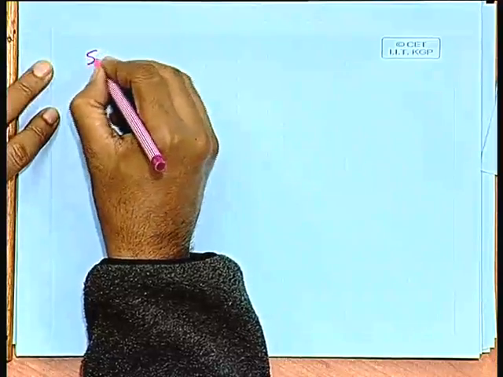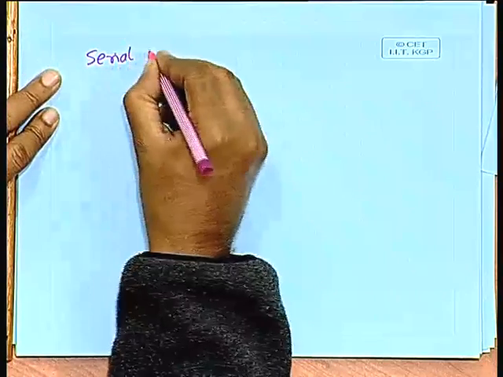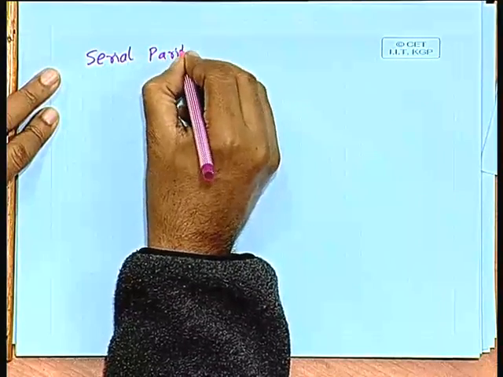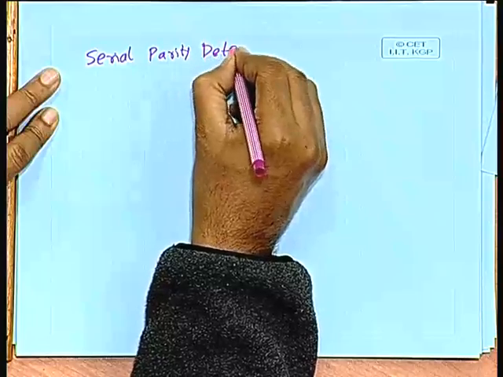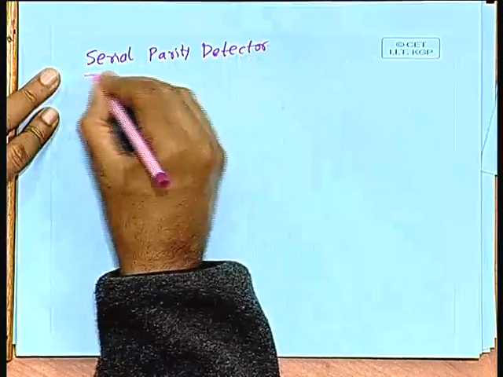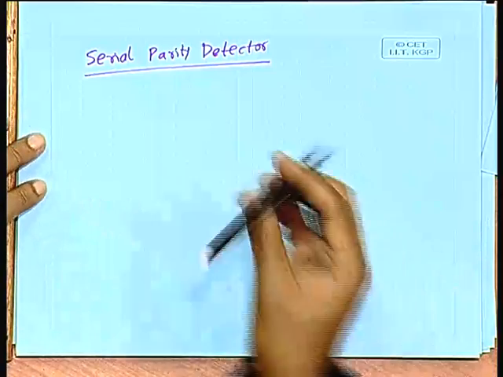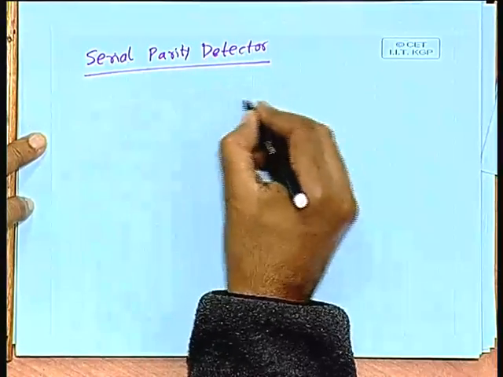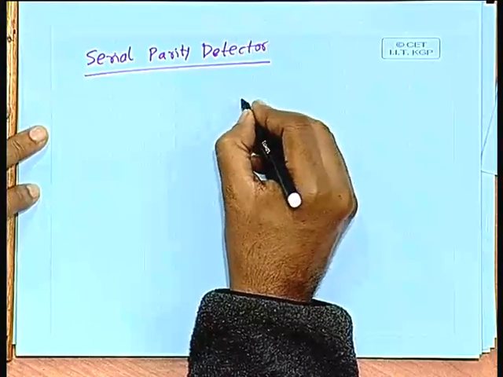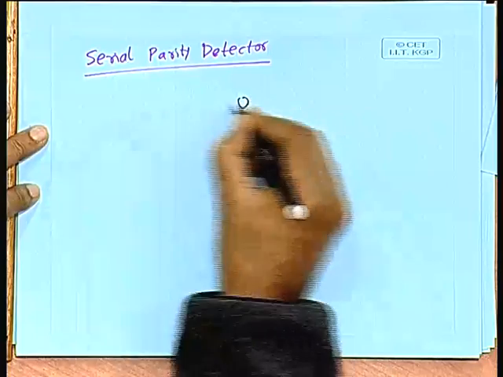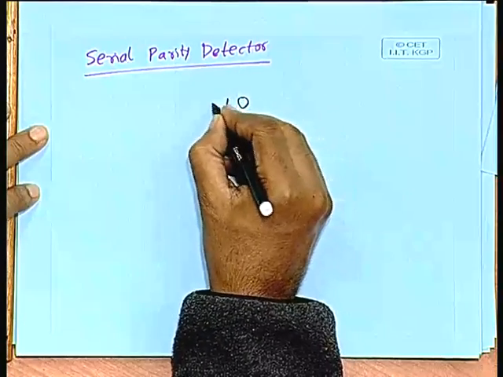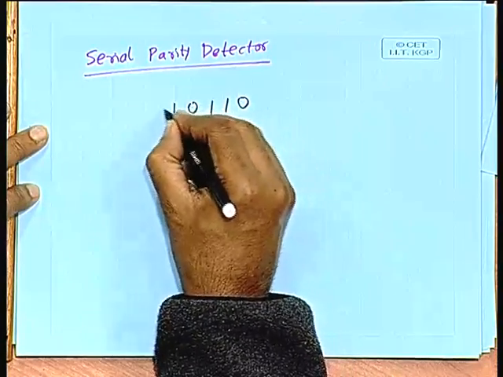See, here what we are actually designing is a serial parity detector, right? Serial parity detector. Let us take an example and illustrate. Suppose this is the first bit which is coming. I am showing from this side onward. Suppose the bits are coming in this way.